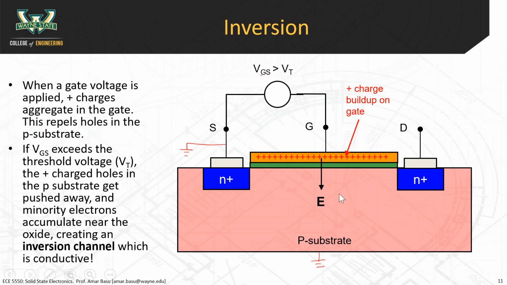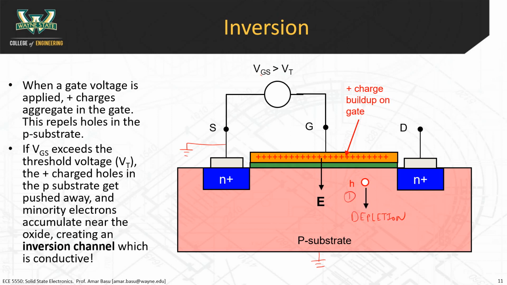Good. So you have holes here, and they move away from the gate. This process is called depletion. I'll jot that down there. So that's the first process that happens. The holes move away from the gate.